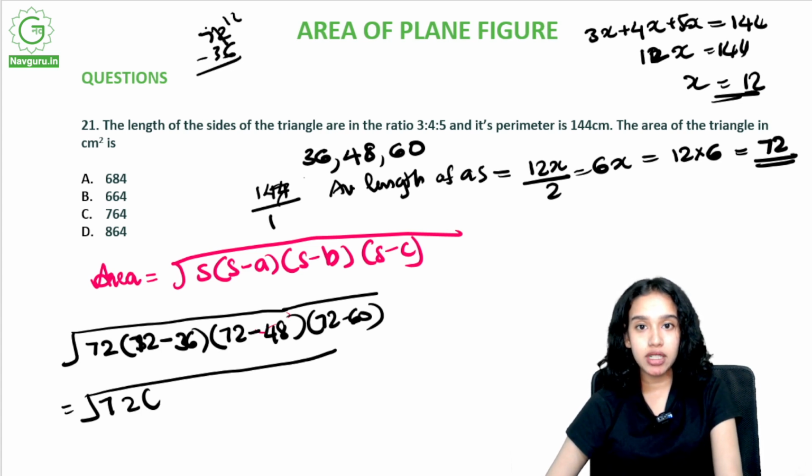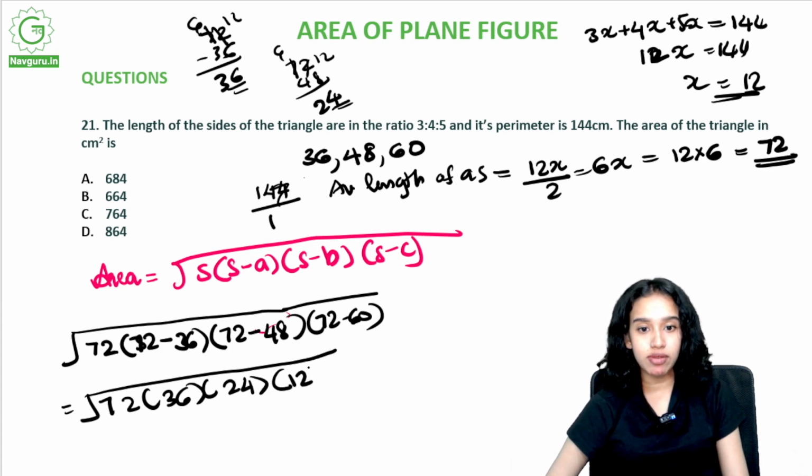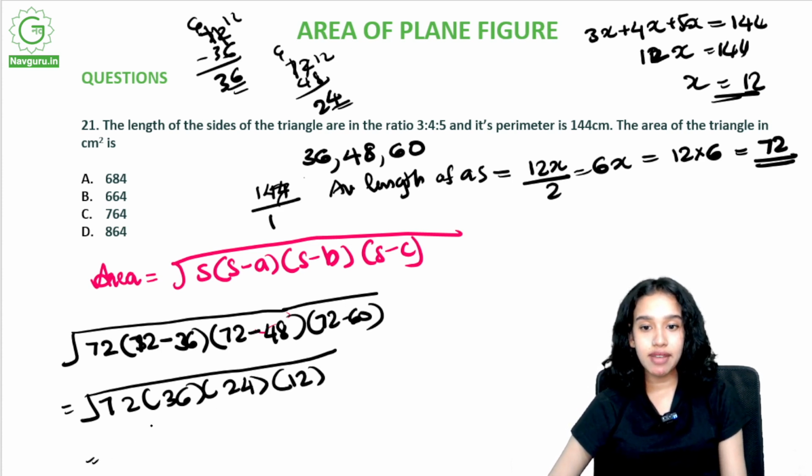We have 12 here, we have 6 here, so this is 3 and 6. This is 36 into 72 minus 48. It's 12 and this is 6. So 2, 4, right? This is 24. And what is 72 minus 60? It's 12, right? So what is 72 into 36 into 24 into 12?